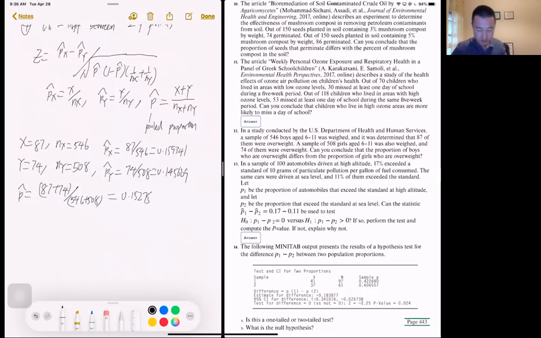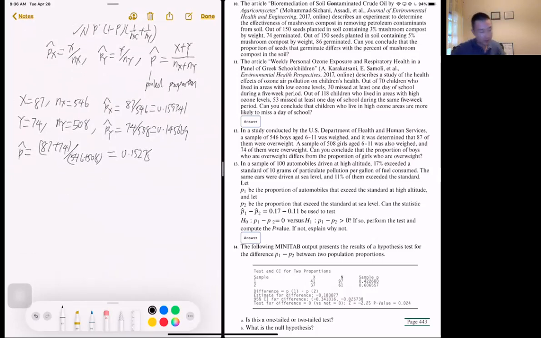All right, and then let's set up H1 and H0. Can you conclude that the proportion of boys who are overweight differs from the proportion of girls who are overweight? Basically px not equal to py, or px minus py not equal to 0.